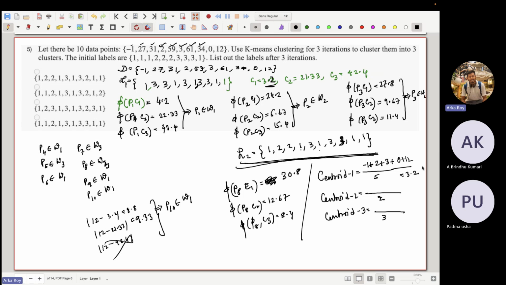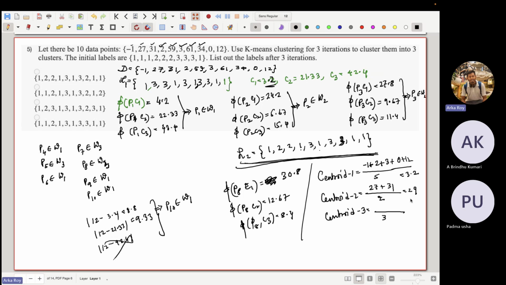Now let us see what about centroid 2. So centroid 2 will now change because now we have got some other data points over here. So for the second one, it is 27 plus 31, divided by 2, it is actually 29. Fine.